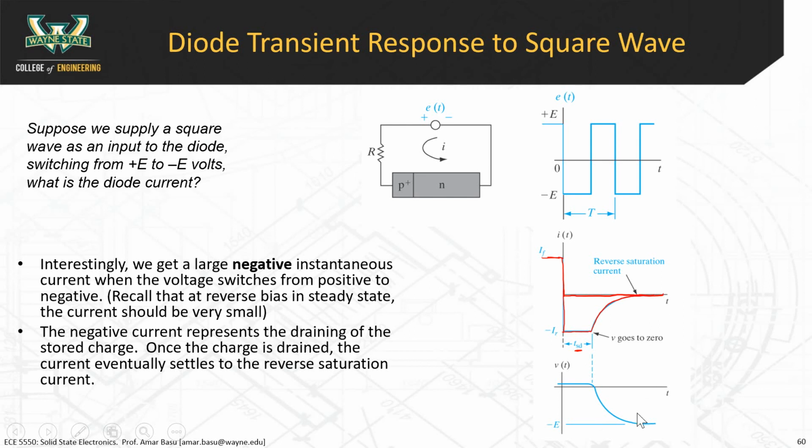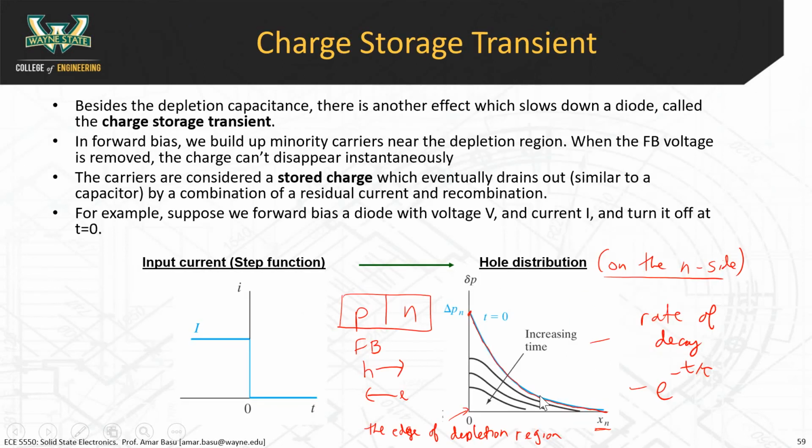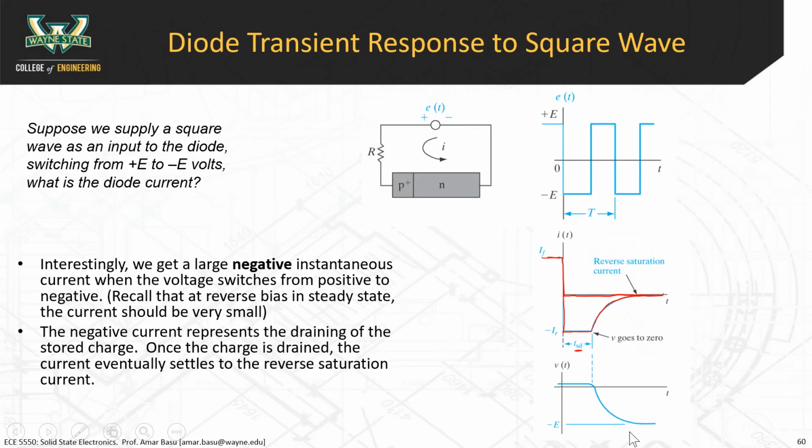This is showing the voltage across the depletion region as a function of time. It's actually decaying to the negative potential. Initially, that voltage is positive because of the excess charges that exist there. If you have some positive charges that remain there, that's going to create a potential, and it takes some time for that potential to die out.